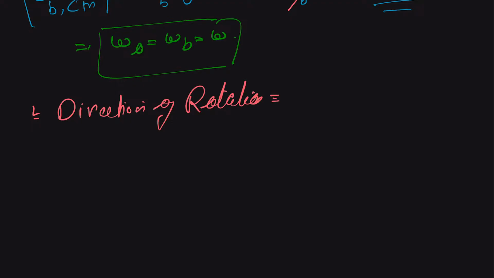So we can say that V_A is along the negative y axis and V_B is along the positive y axis.